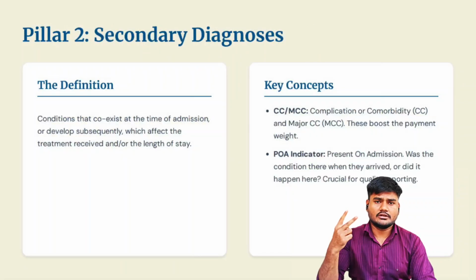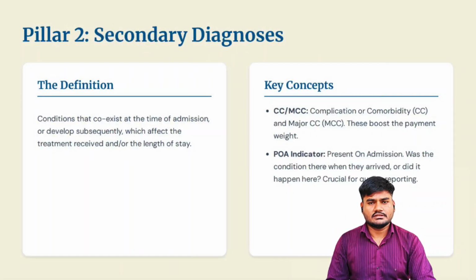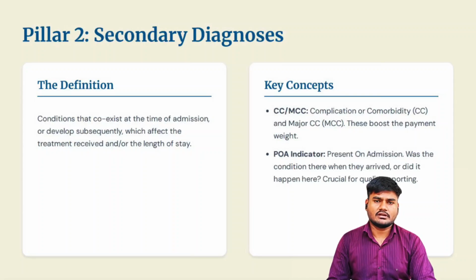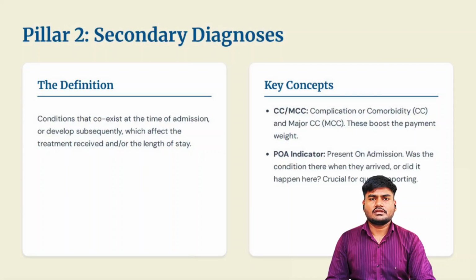Pillar 2, the boosters, that is secondary diagnoses. These are coexisting conditions that make the hospital stay harder, longer and more complex. We look for CCs and MCCs, that is complications and major complications, because they are the payment boosters.